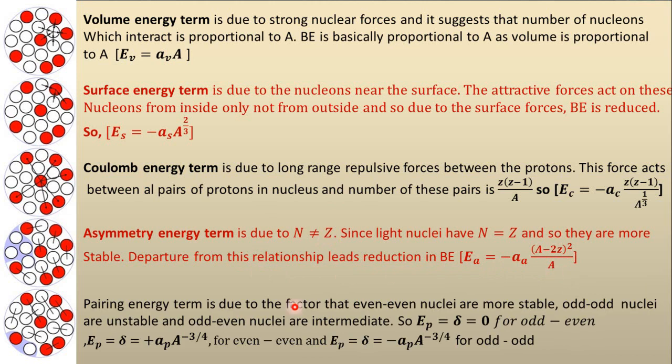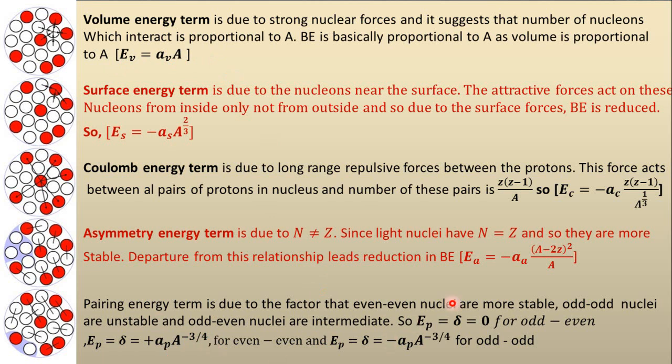So the last term, which is known as the pairing energy term, is due to the fact that even nuclei are more stable, and odd nuclei are the ones which are unstable. For odd-even nuclei, they lie in the intermediate range. So if we consider this factor also, the binding energy is also changed by the factor plus or minus a_P A to the power minus 3/4.